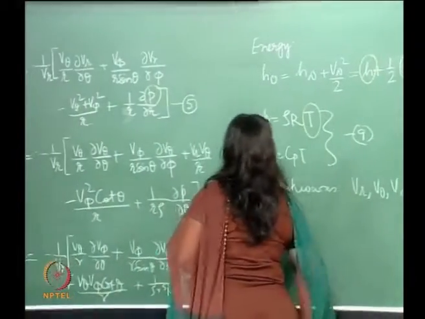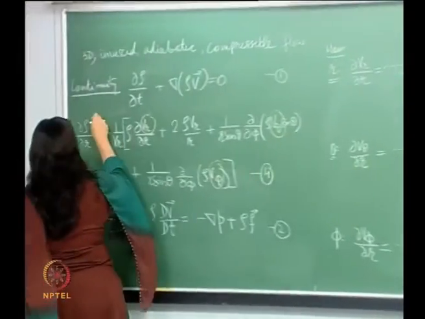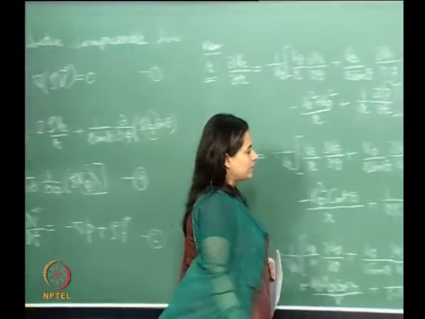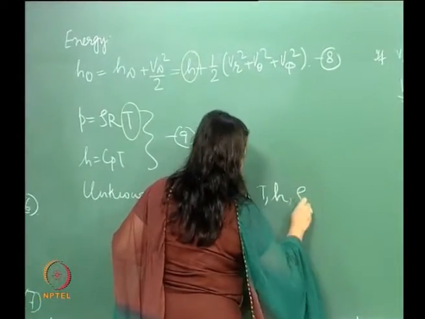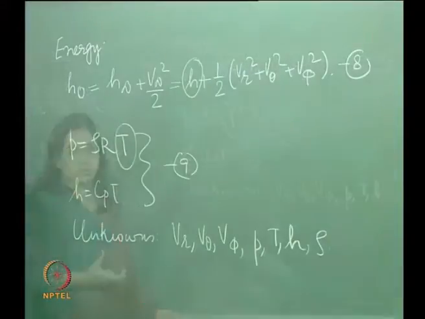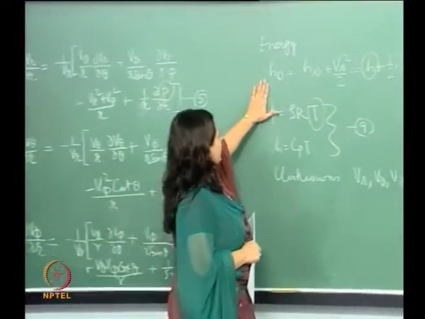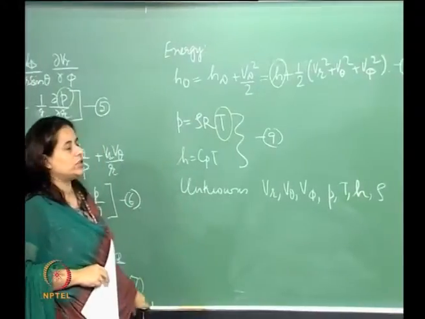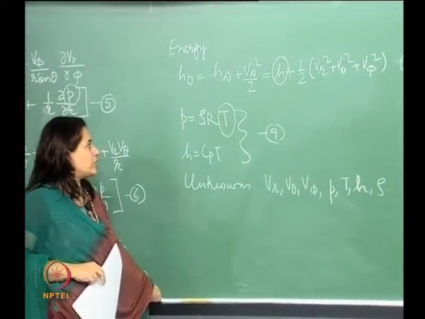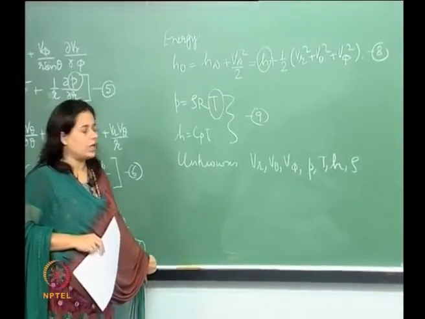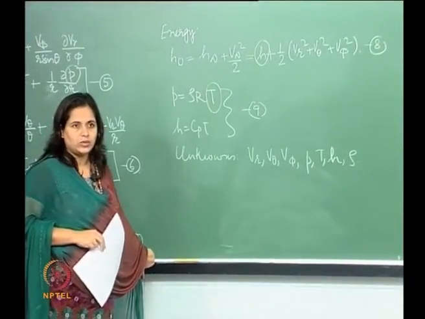So, we have these 7 unknowns, which need to be calculated using these equations: 1, 2, 3, 4, 5, 6, 7. So, equations 4 to 8 we will use to solve for our unknowns, and this is a numerical procedure.